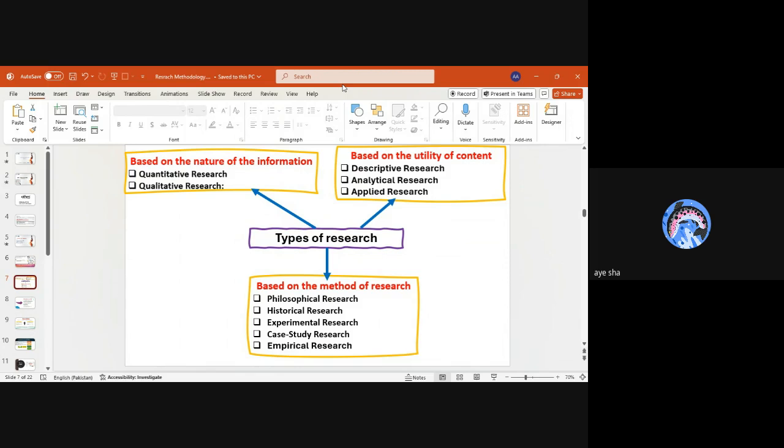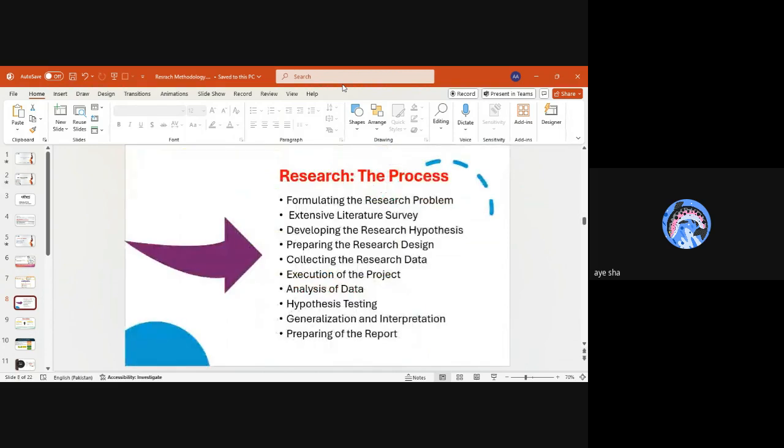Now, based on your experience, based on your interest, you will be preparing the proposal for the research for this assignment. Next is the process. It's just the main crux or the main gist of how the research process goes. First, you have to formulate the research problem. I will be discussing how you will be formulating the research problem.